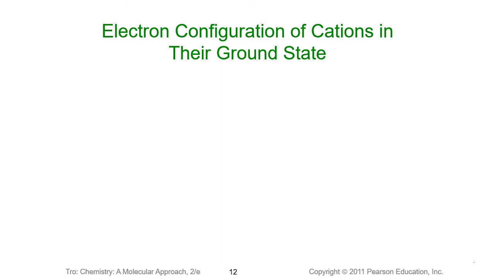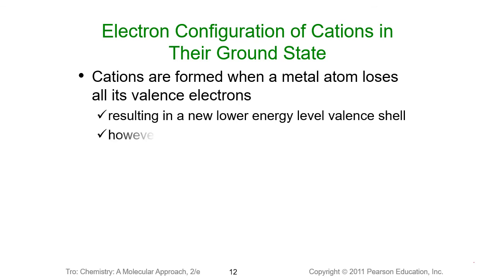If we look at cations in their ground state, we're going to go the other way. We're losing electrons. We're going to lose them out of the highest energy level, and we're going to remove them to become like the noble gas that is in the row above. We have a new lower energy level valence shell, but it does take a little bit of energy, so it is an endothermic process to remove the electrons.